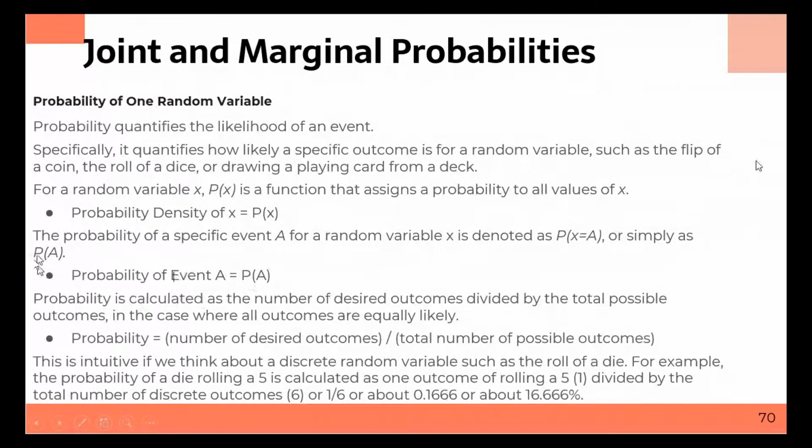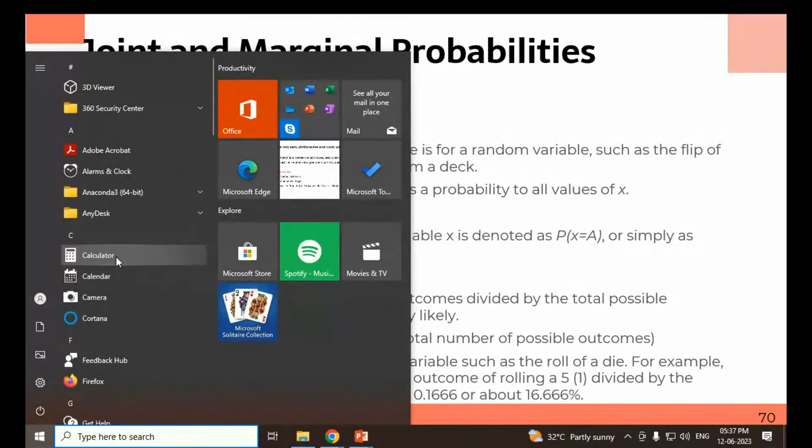Probability of an event A can be represented with P of A. What does that mean? It is calculated as the number of desired outcomes divided by the total number of possible outcomes. As we did earlier, we calculated something yesterday.